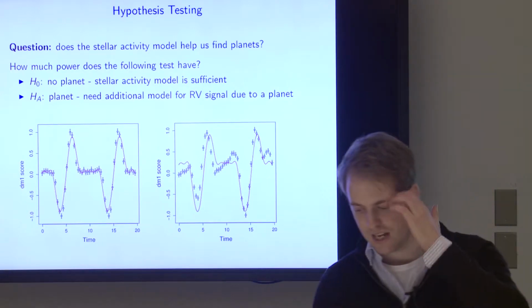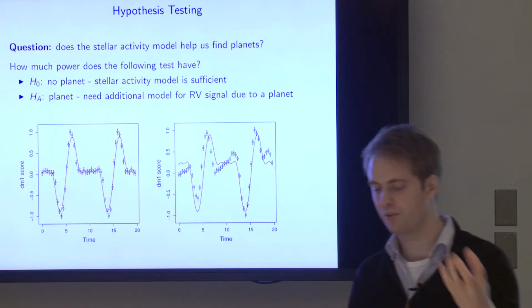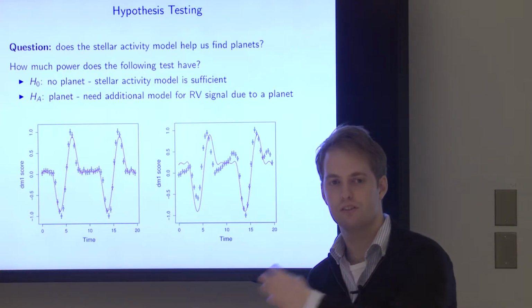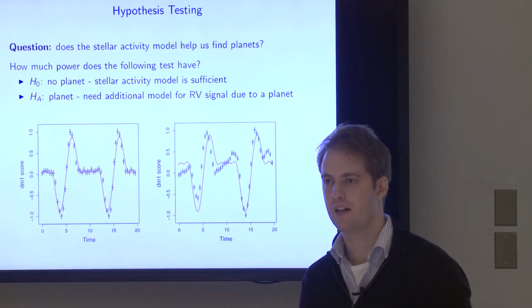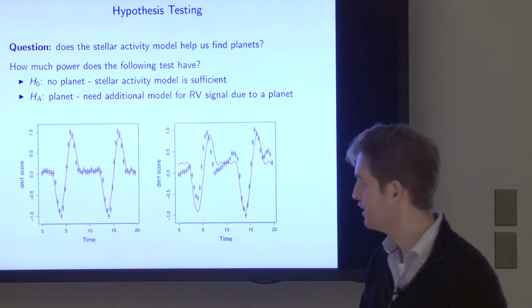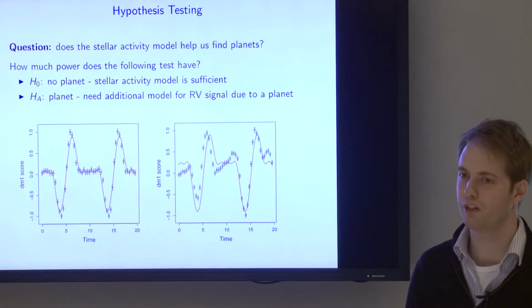Fortunately, as in that picture at the beginning, the star goes either towards us or away from us, and that's what the radial velocity is. And the signal the planet causes is very well understood.